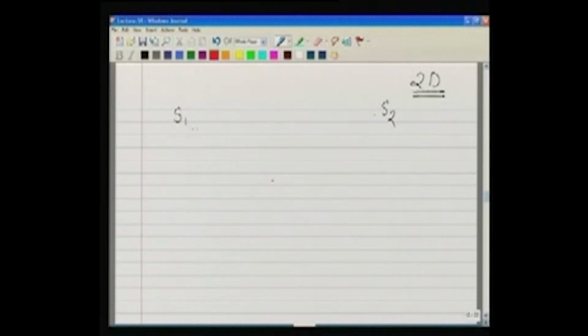If there is no error in distance measurement, we will measure the distance d1 and the distance d2, so this point is being located. This point could be anywhere on this circle because of the distance d1, and anywhere on this one because of the distance d2.